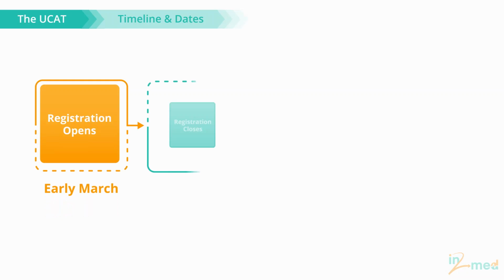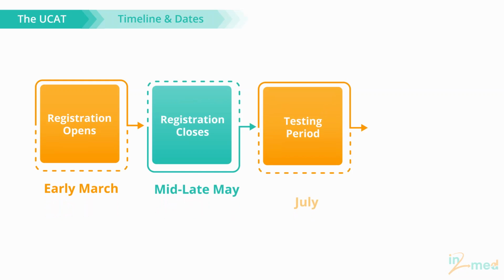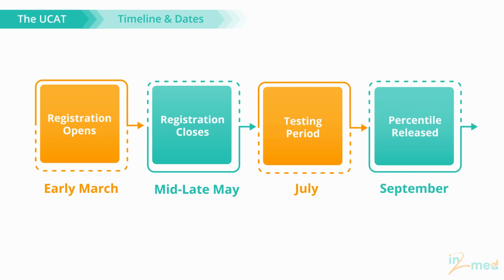In terms of the timeline for the UCAT process, we only have generalized key dates for the UCAT, as they can vary slightly from year to year. Generally, registration opens in early March and closes in mid to late May. The testing period runs throughout the month of July, and percentiles are released in September.